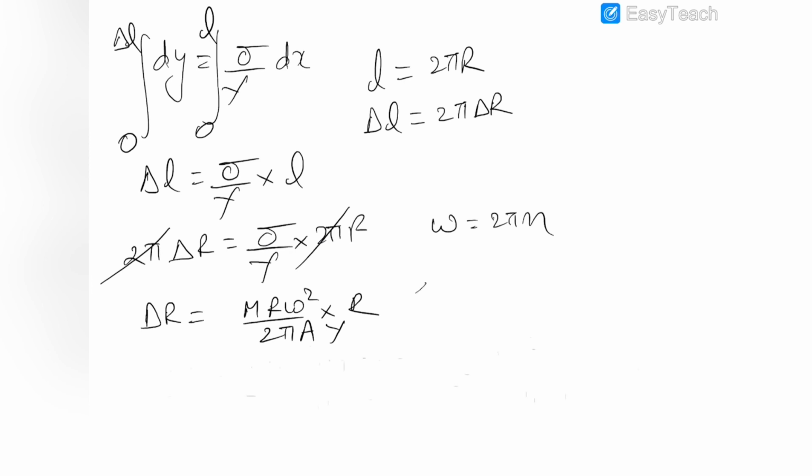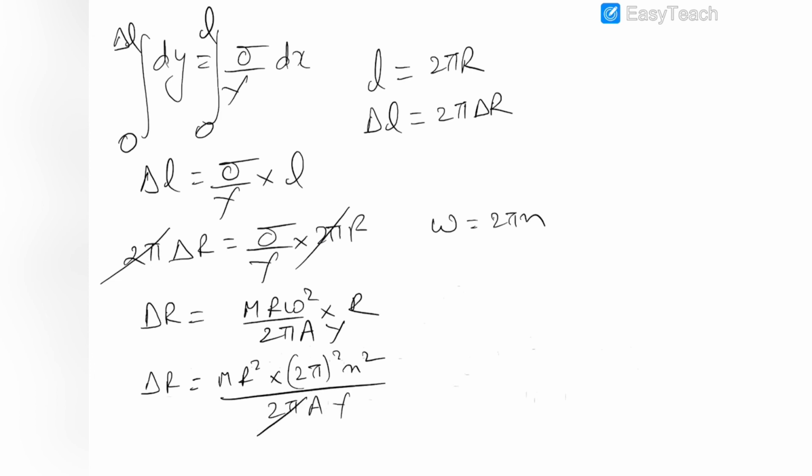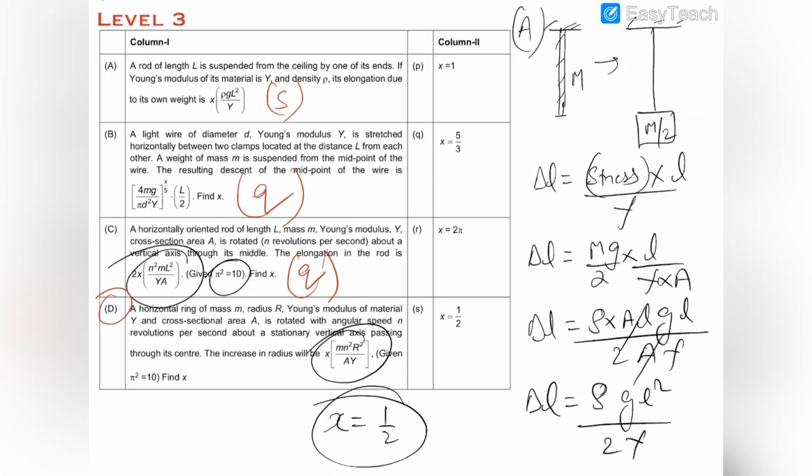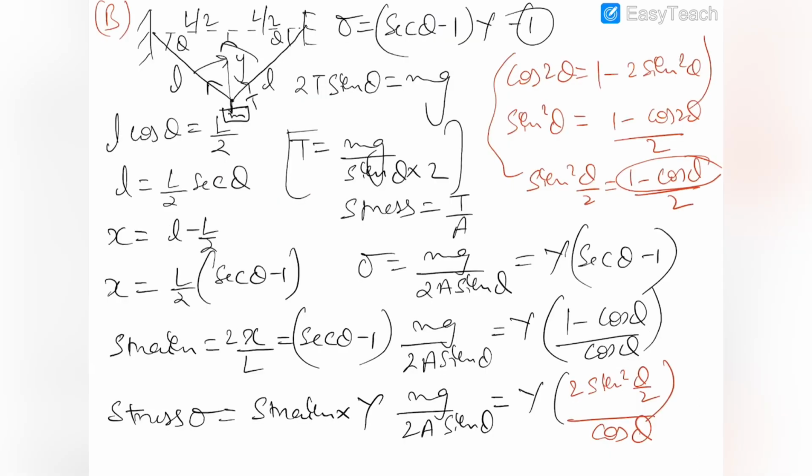If we substitute the value of omega as 2 pi n, then delta r will be equal to m r square into 2 pi whole square into n square divided by 2 pi a gamma. Cancelling this with this and comparing it with this expression, which is x into m n square r square by a gamma.